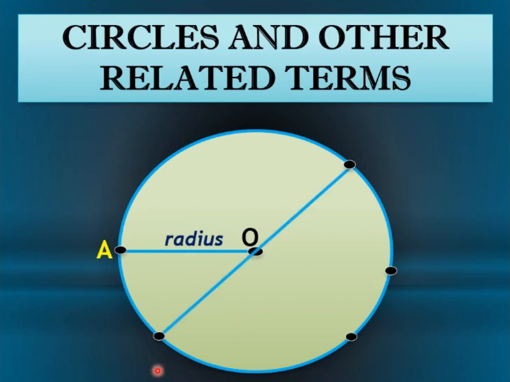A segment that passes through the center of the circle and whose endpoints lie on the circle, let's say point B and point C, is called a diameter. And this diameter is twice the measure of the radius.